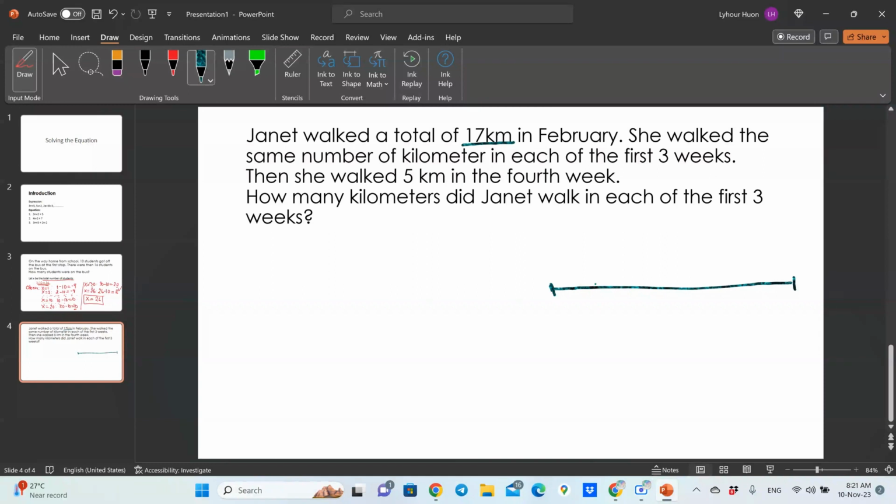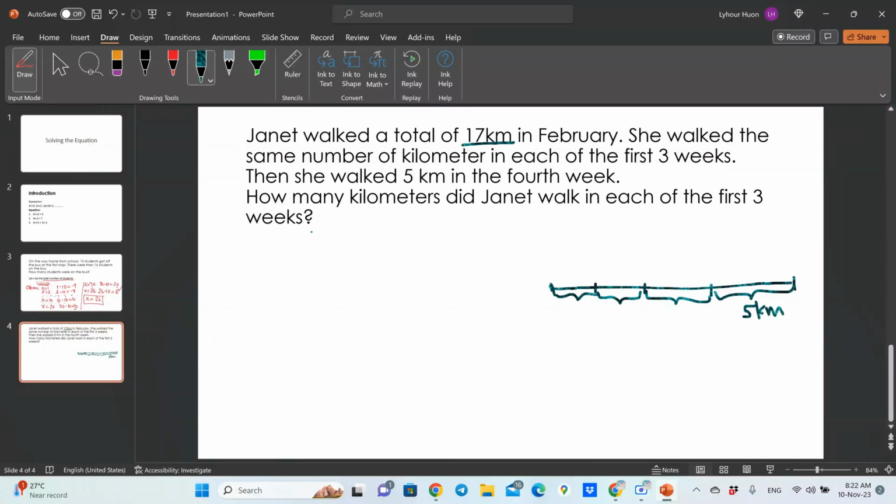There are 4 weeks in a month. So week one, week two, week three. So these distances, the first 3 weeks, she walked the same number of kilometers, and then she walked 5 kilometers in the fourth week.